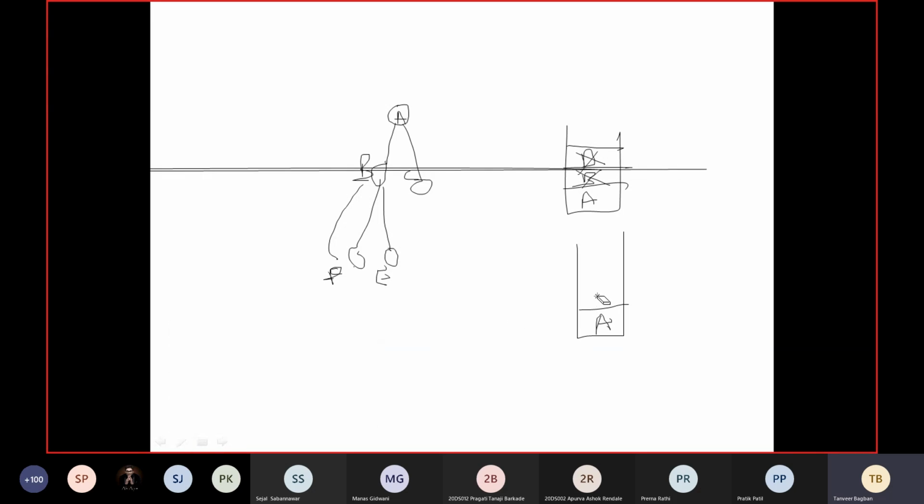The next adjacent of B is E, so E is inserted. So likewise, we backtracked. So how can we backtrack? Only with the help of the stack. The stack allows us to backtrack the state from forward state to backward state.